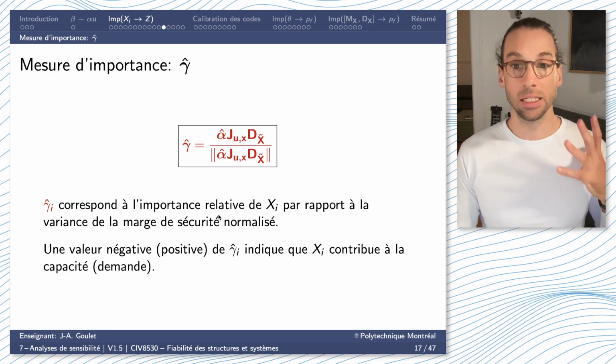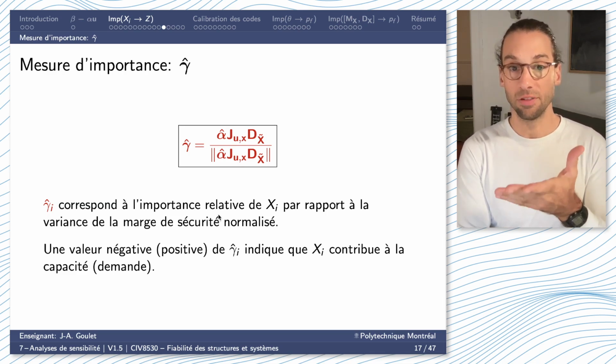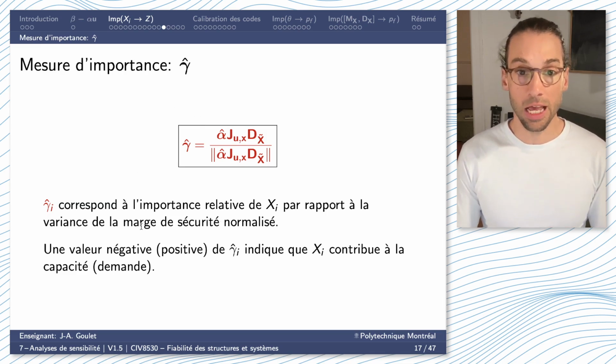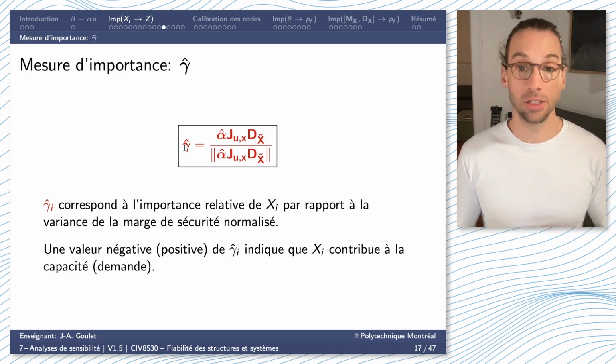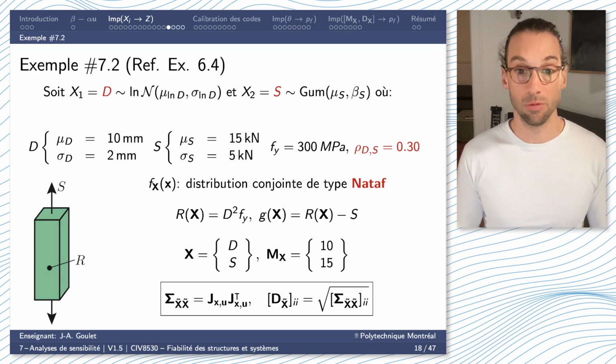So again, this is the same interpretation as my alpha square, meaning that a negative value means that the variable contributes to capacity, positive, it contributes to the demand, and we can interpret the relative size of my gamma hat as the relative importance of my random variables.